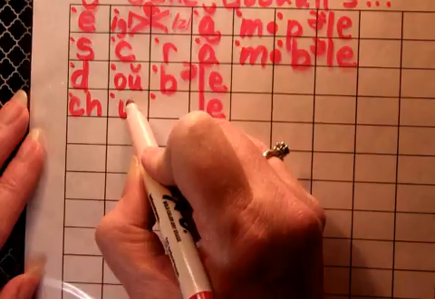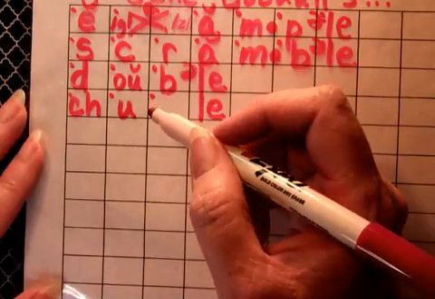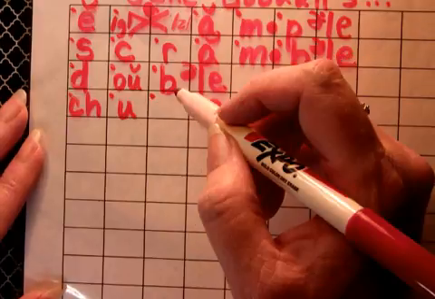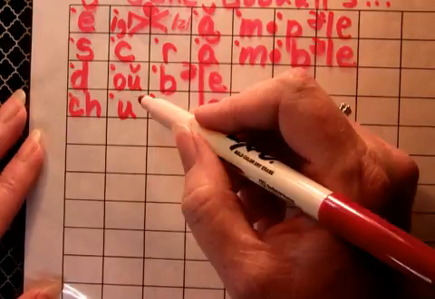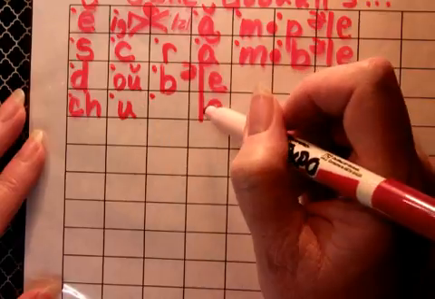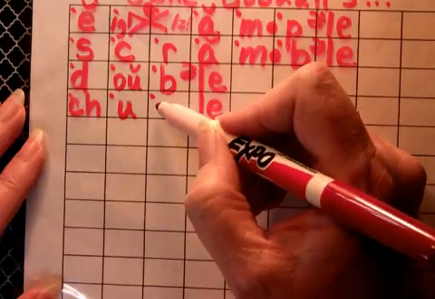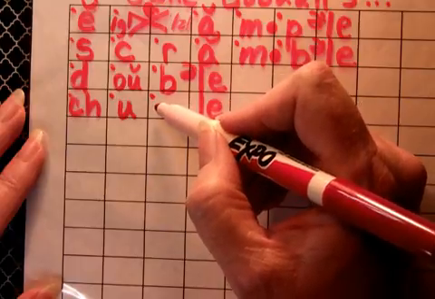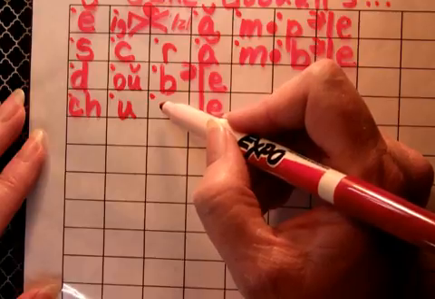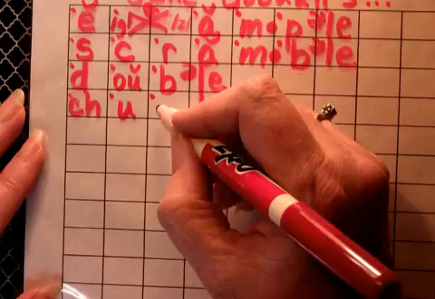Is the U. And K. Okay. Chuckle. It's a two-syllable word. Usually the rule says K at the end of a word or a syllable following a single short vowel is spelled with a CK.